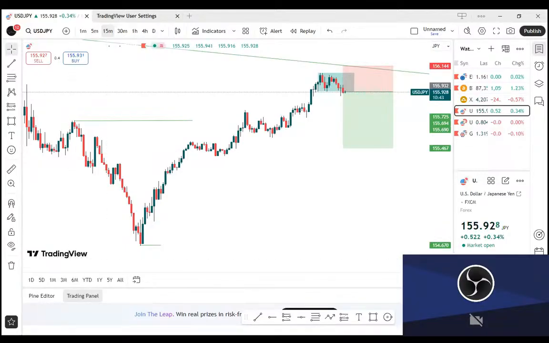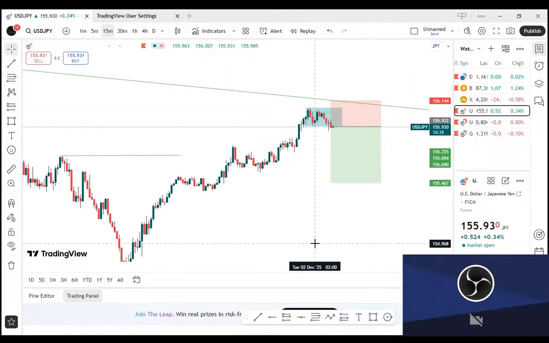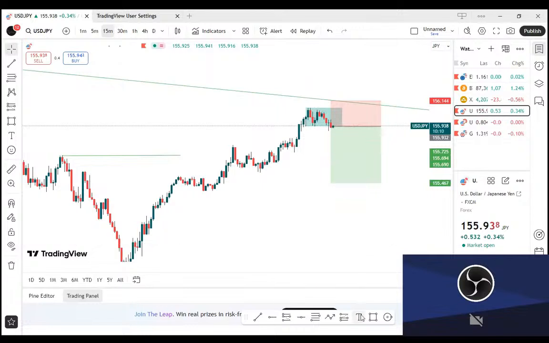So these are the two things I'm expecting on USDJPY. Let me write out this one, the figure, the stop loss. Let me take this USDJPY.